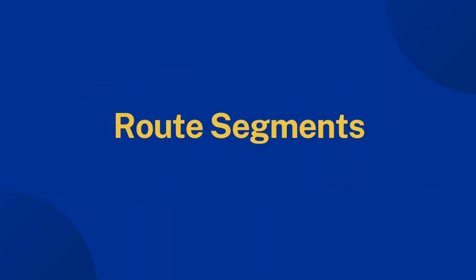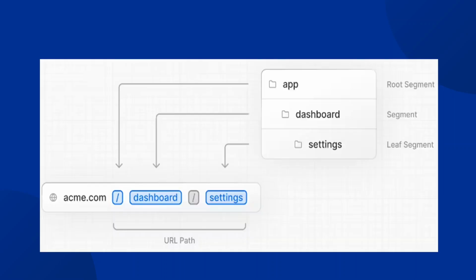Let's break down route segments. In the diagram, the app directory serves as the route directory, representing the domain of our application. Each folder within app becomes a route segment. For instance, the dashboard folder acts as a single route segment, while the settings folder within dashboard serves as another route segment.